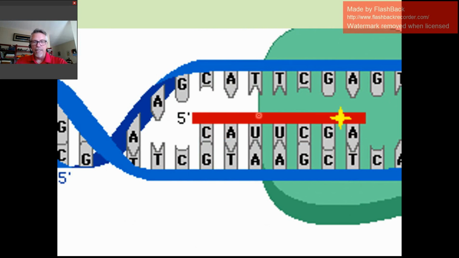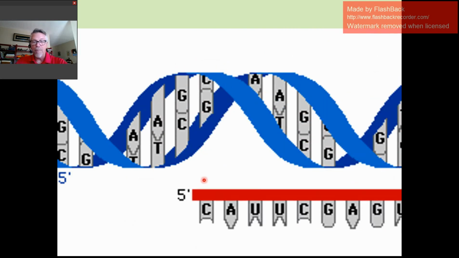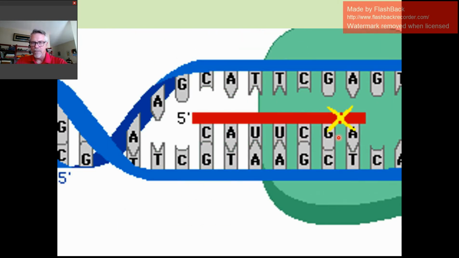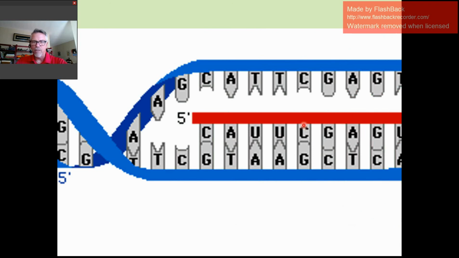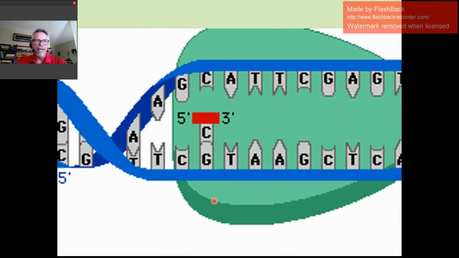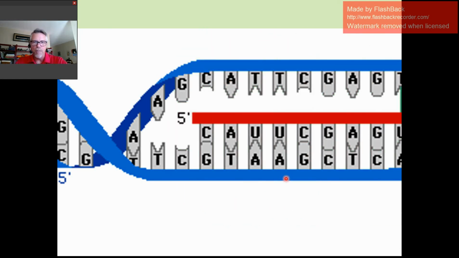We're building this red strand of mRNA. And after we finish copying, or transcribing, this message, you can see that the red strand disconnects and goes away, and the DNA has rewound itself. We're going to talk about that whole process in a couple of minutes, but this is basically how you make a messenger RNA molecule.